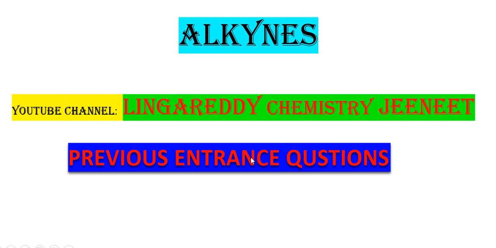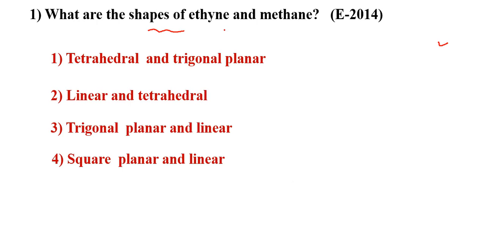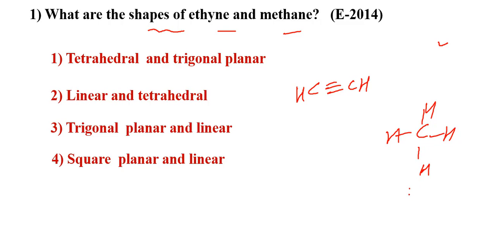Alkynes. Previous entrance questions we are going to discuss now. Types of ethyne and methane. First you write the formulas. Ethyne formula CH triple bond CH, methane carbon with 4 hydrogens. What is the hybridization here? All 4 sigma bonds, that means sp3. sp3 means tetrahedral.